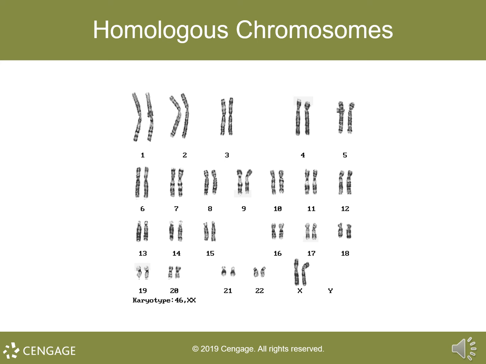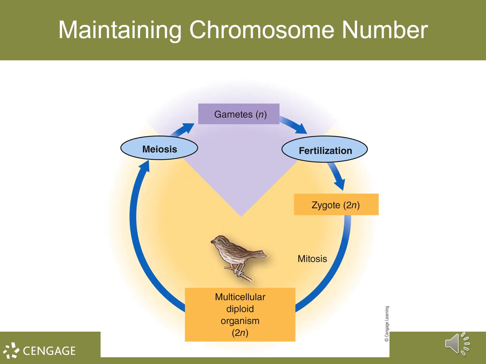In that case, we are looking at the haploid number, or a cell or a nucleus that only has a single set of chromosomes. And so in humans, the diploid chromosome number is 46 and the haploid number is 23. So here you can see that cyclical nature of maintaining the chromosome number. So gametes are haploid. We indicate that with N.